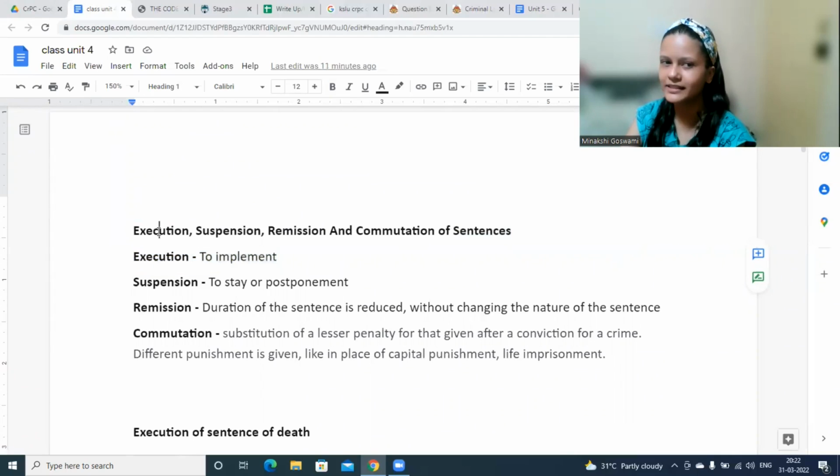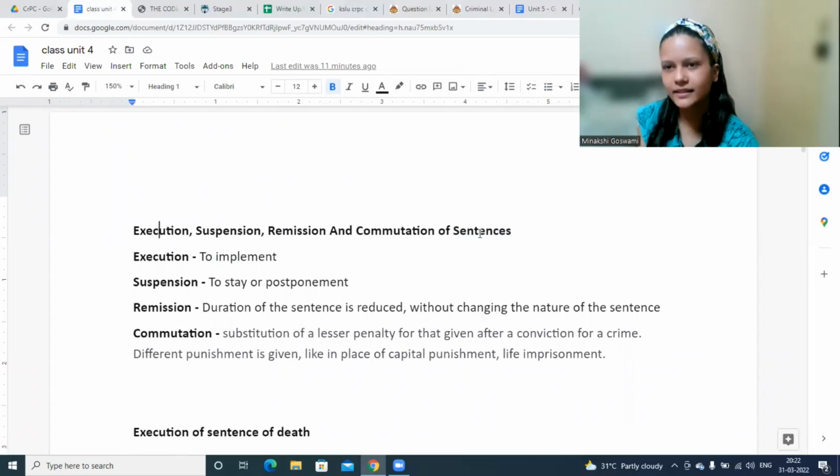Okay, that is the first thing, execution of sentence. Whatever order the court has passed, getting it done. Whether it's death penalty, imprisonment, fine, you get it done. If it's imprisonment for 2 years, make this person remain in jail for 2 years. Once it is done, execution is over, right? If a fine is imposed, make that person pay the fine.